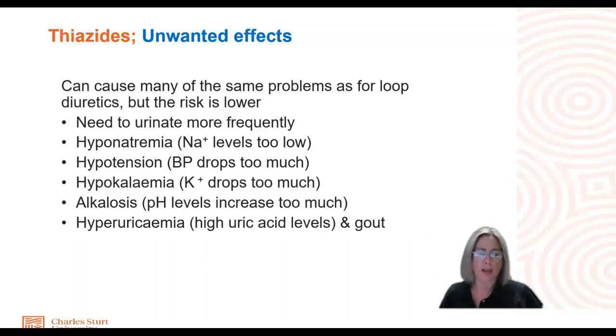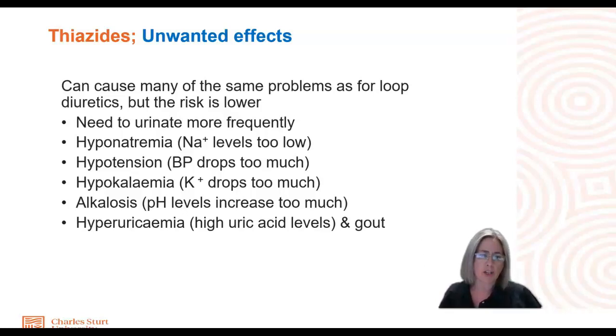That is their mechanism of action. They can cause hyponatremia, so blood sodium levels being too low, and that can lead to dystonia. Hypotension, where the blood pressure drops too much. Hypokalemia, if potassium levels drop too much.